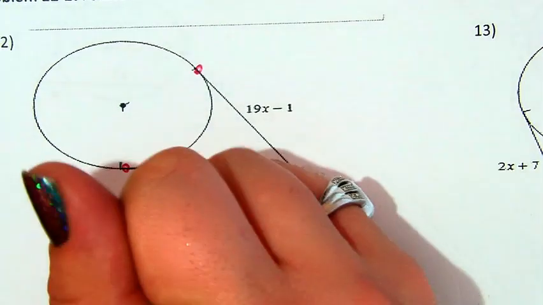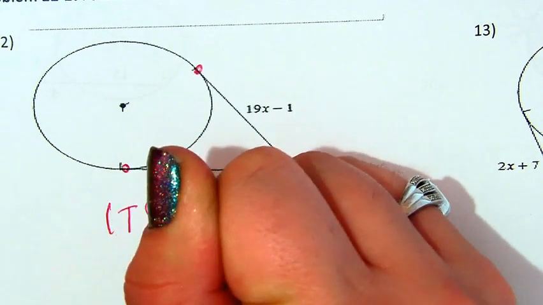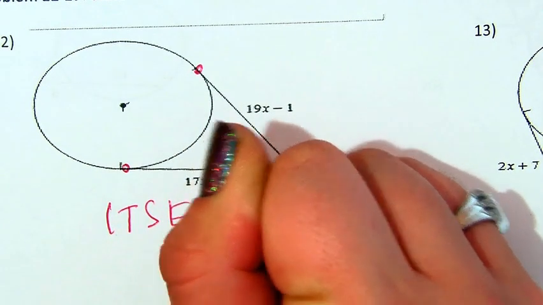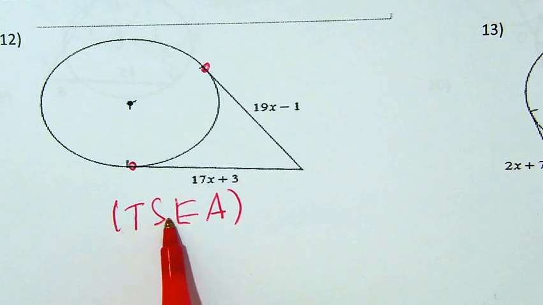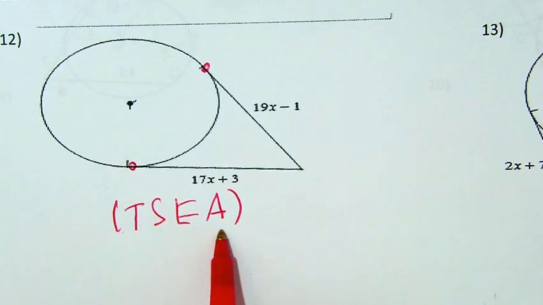Either one's fine, I guess. Tangent secant exterior angle measure theorem.